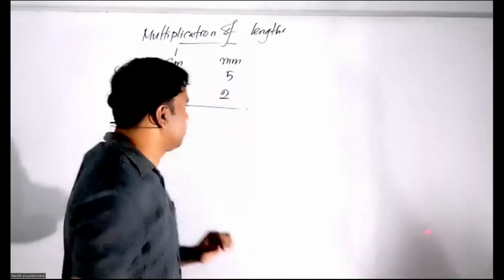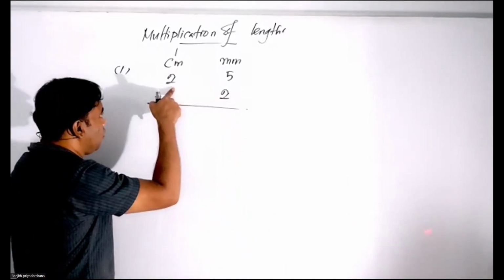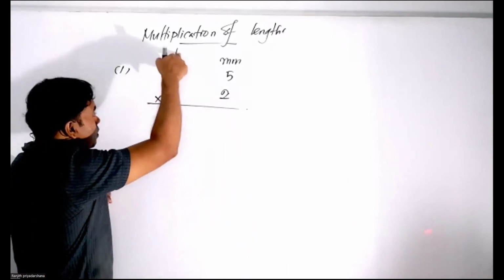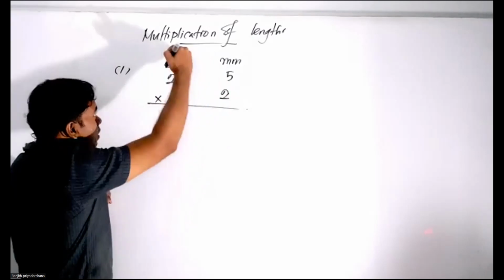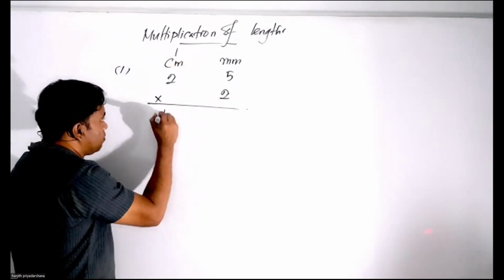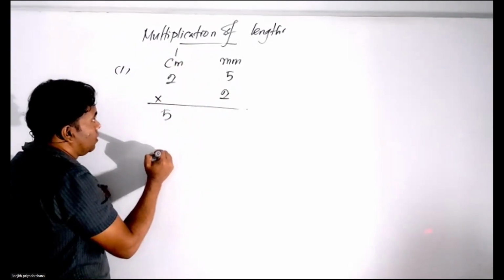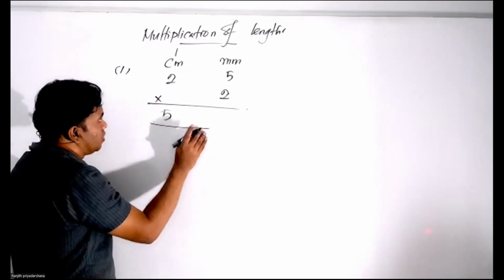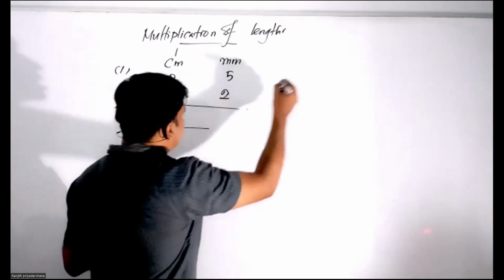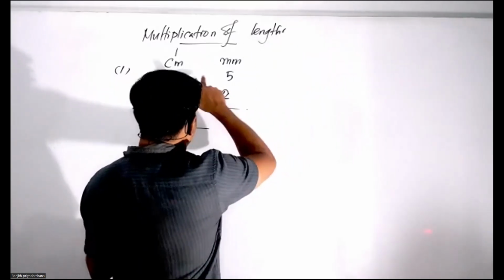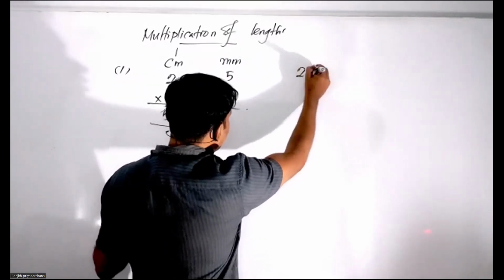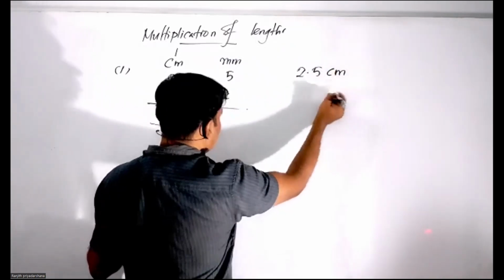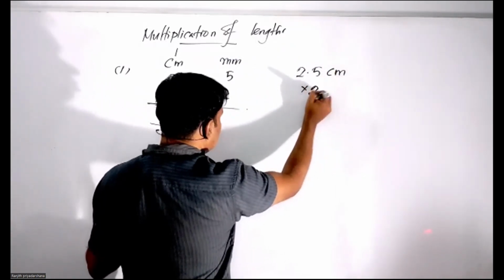Right? So that's 2 times 2, 4. 4 plus the taken 1, that's 5. Yes, that's 5 centimeters. Make it a decimal. 2 centimeters and 5 millimeters means 2.5 centimeters into 2.